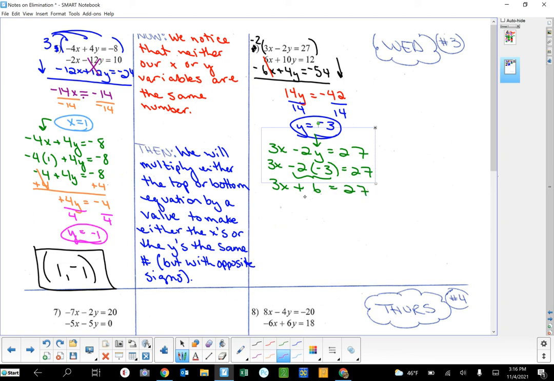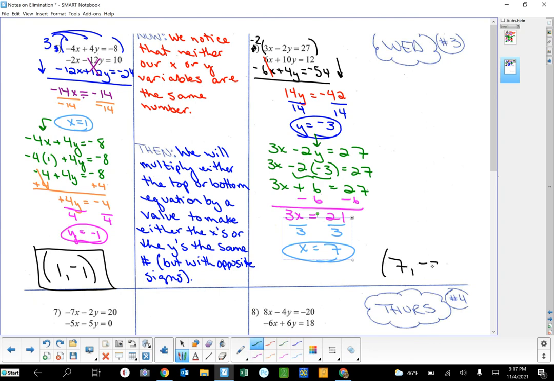I'm going to subtract off a 6 and divide by 3, and x is going to equal 7. And again, my ordered pair is going to be 7, negative 3.